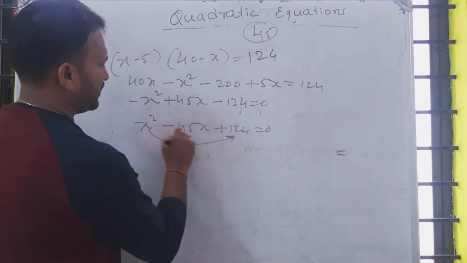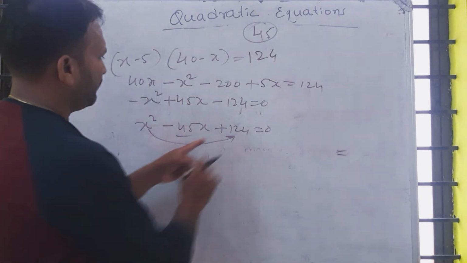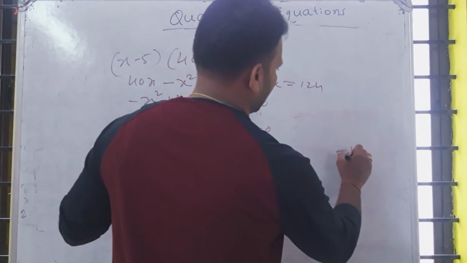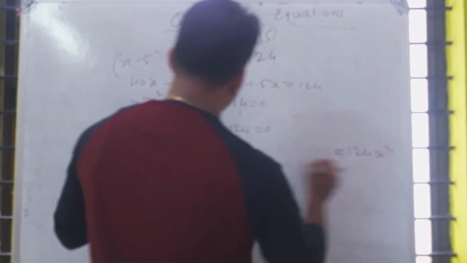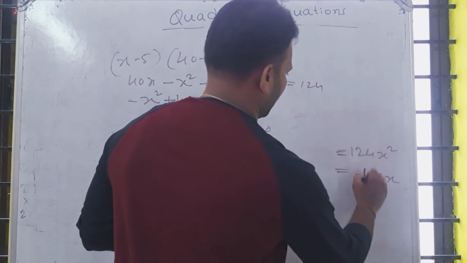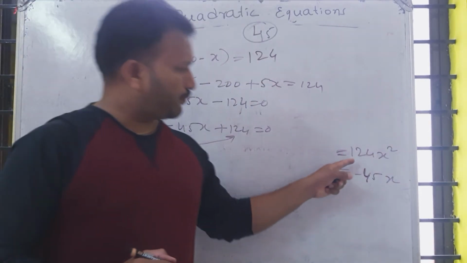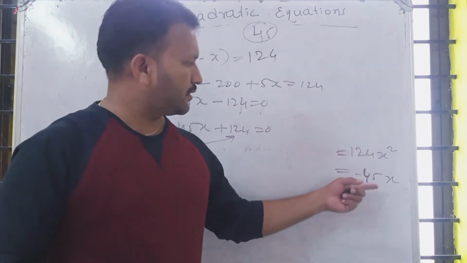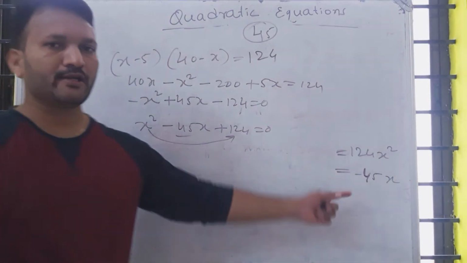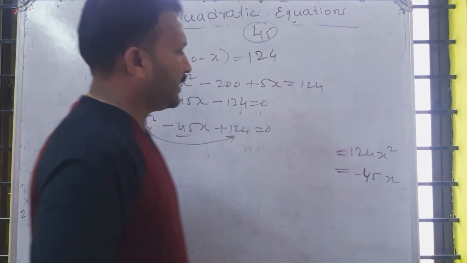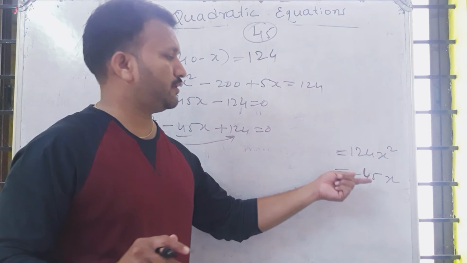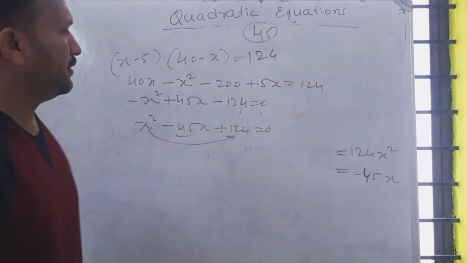First term into last term, and the middle term along with the sign plus or minus. Here it is plus 124x square, and here minus 45x. After multiplication you should get 124, and after subtraction or addition you should get 45 with the negative sign. What are those numbers which give product 124 and sum 45?